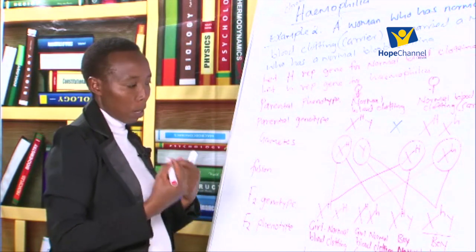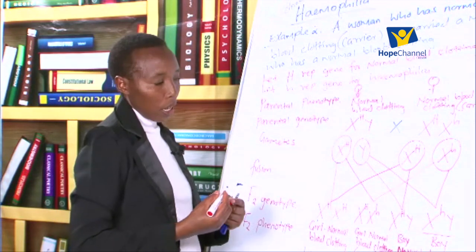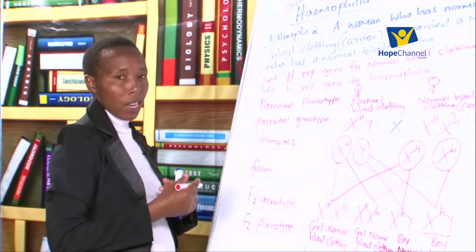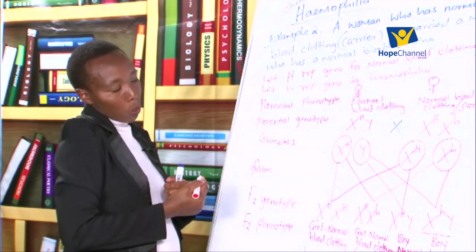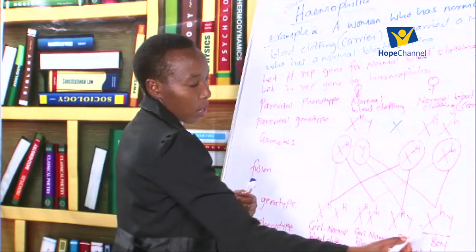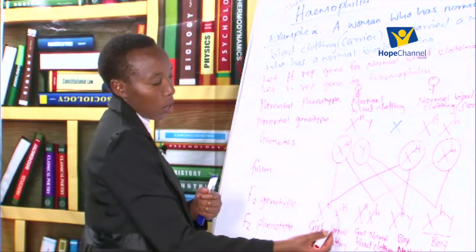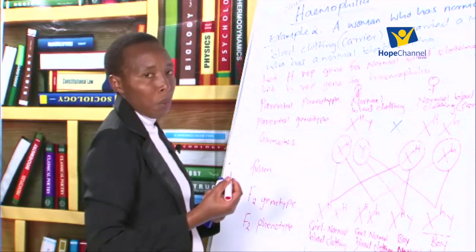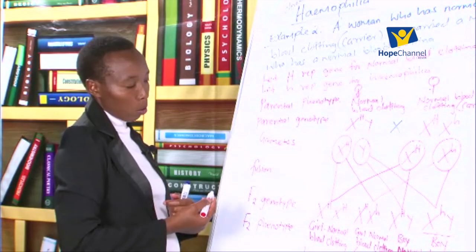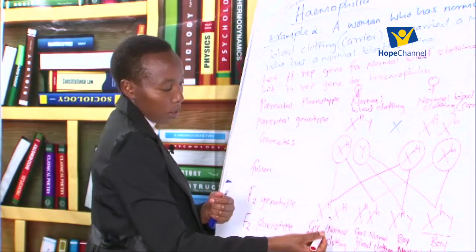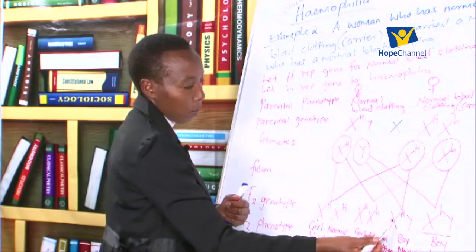So what will be the probability that their children will be having a normal blood clotting? Out of the 4 chances, that is 1, 2, 3, 4, how many have the normal blood clotting? We have 1, we have 2, we have 3.